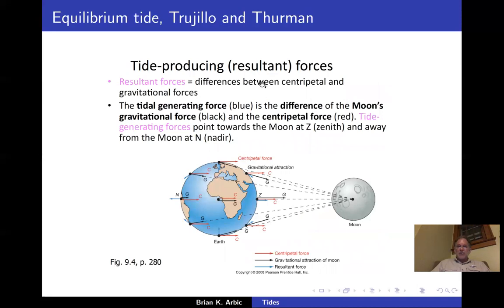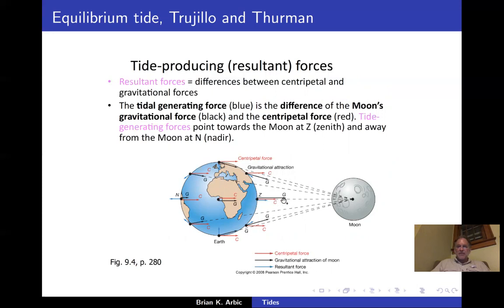The tide-producing forces are the differences between the centripetal and gravitational forces. The tide generating force in blue is the difference of the Moon's gravitational force in black and the centripetal force in red. For instance, take the point closest to the Moon. You have a stronger gravitational pull, and there's the centripetal force.